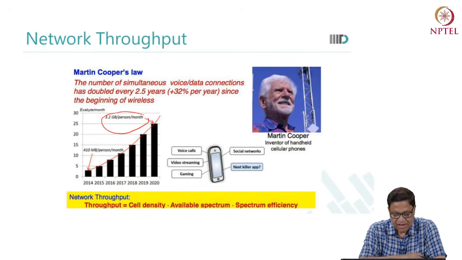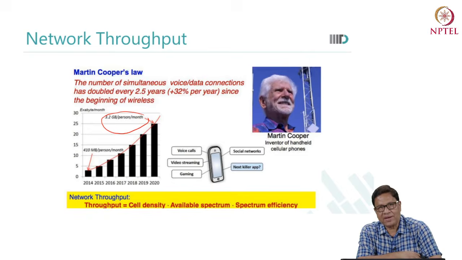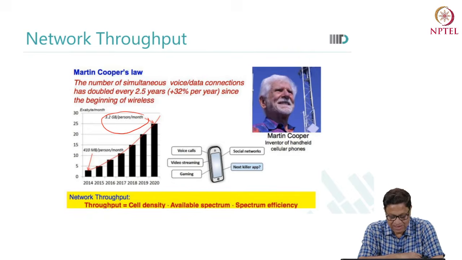And if you try to calculate the network throughput, this throughput depends on cell density, on available spectrum, and the spectrum efficiency. Now, cell density, you can make it smaller and smaller, but there are issues. You'll have to have more number of transmitters and receivers. Spectrum is limited.